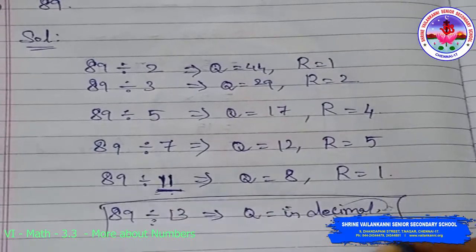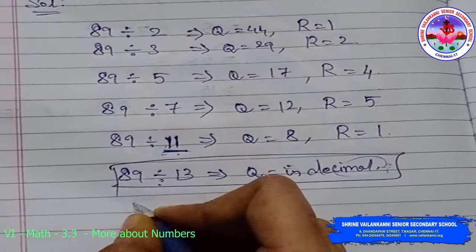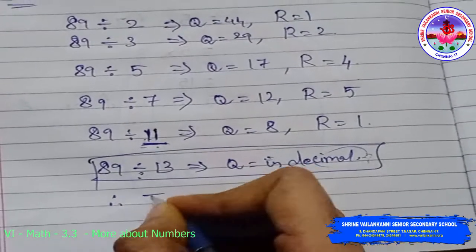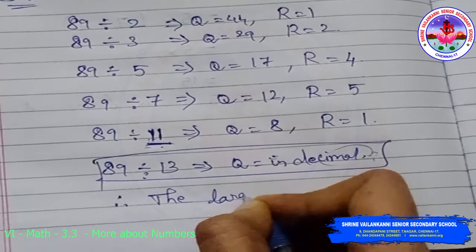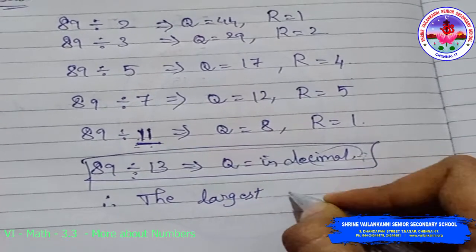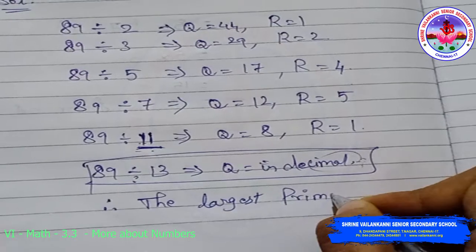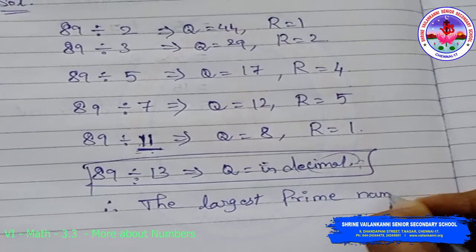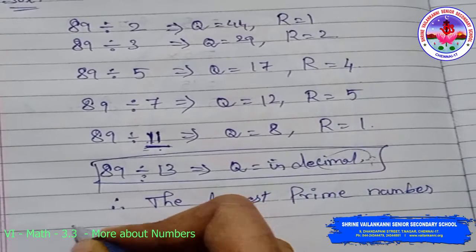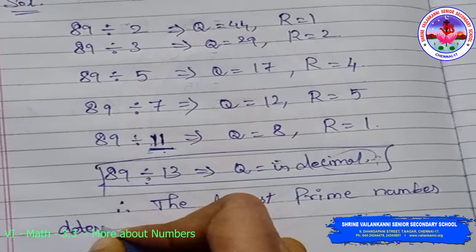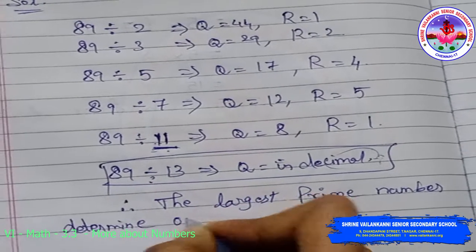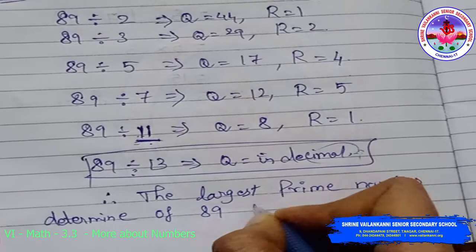Therefore, the largest prime number that determines whether 89 is prime is 11.